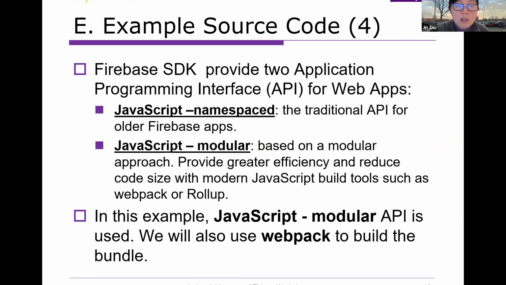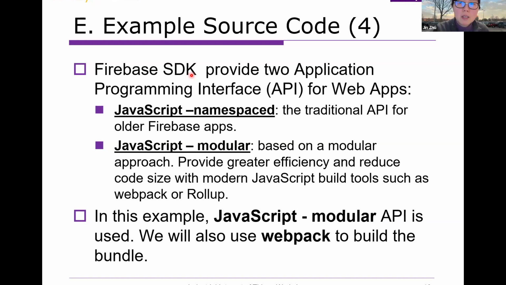Now, for the source code, mainly for web app development, the Firebase supports the SDK, the software development kit. That is a kit provided for developers, and it has two application program interfaces. One is the JavaScript namespace, which is for the traditional, older ones.